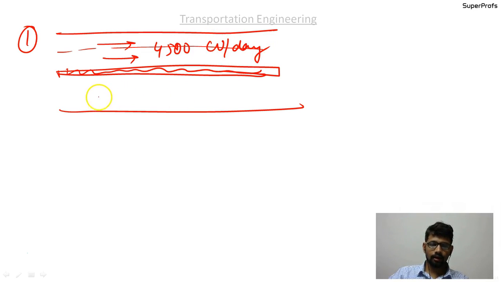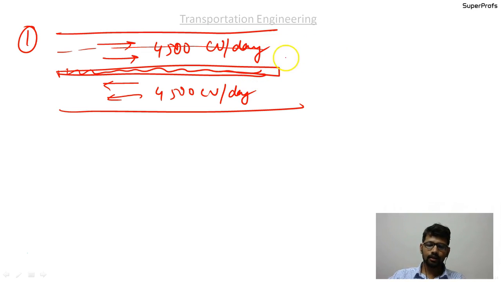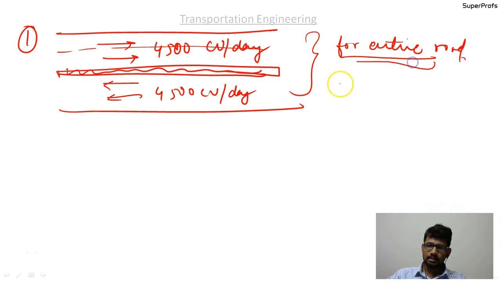Here also there are 4,500 commercial vehicles per day. So for the entire road, CV is given to be 9,000 commercial vehicles per day.